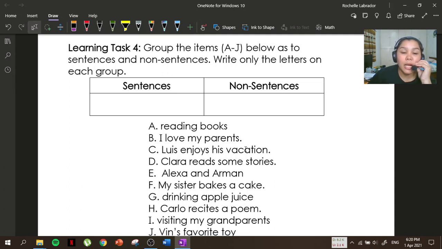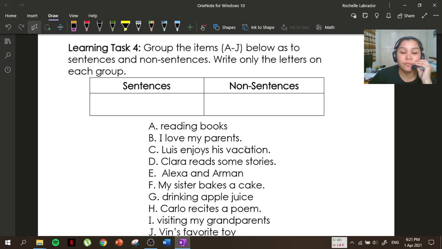Letter E, Alexa and Arman. Letter F, my sister bakes a cake. Letter G, drinking apple juice.